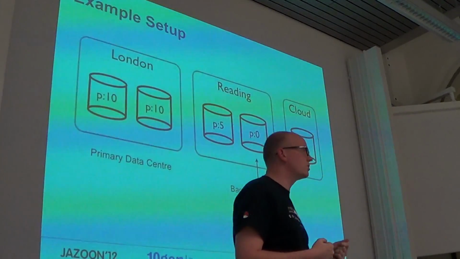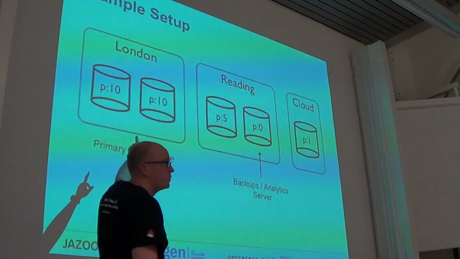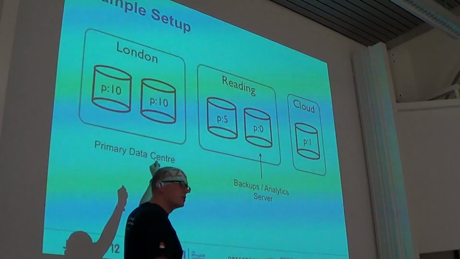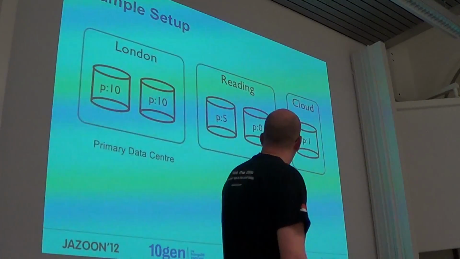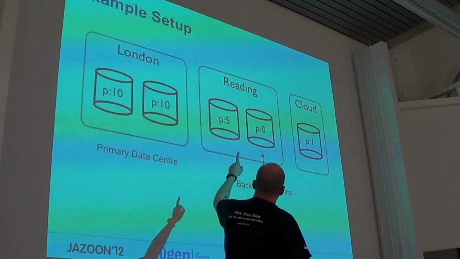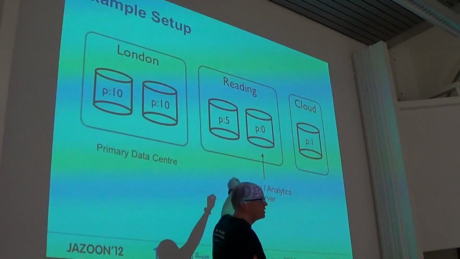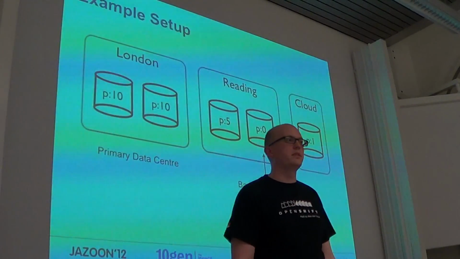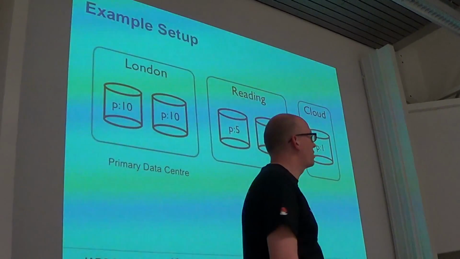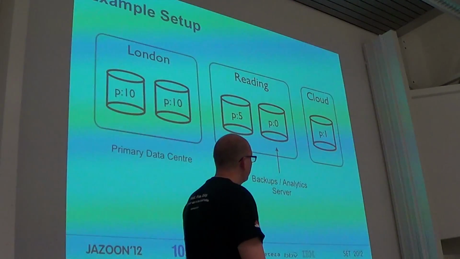So the idea is always one of these two will be a primary as long as London is up and running as a data centre. Reading is more likely to be a primary than the cloud database, and has a backups and analytics server that will never become a primary because that's a priority of 0.